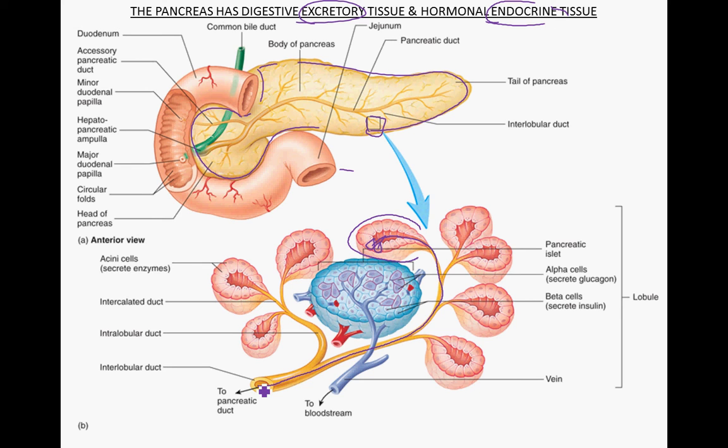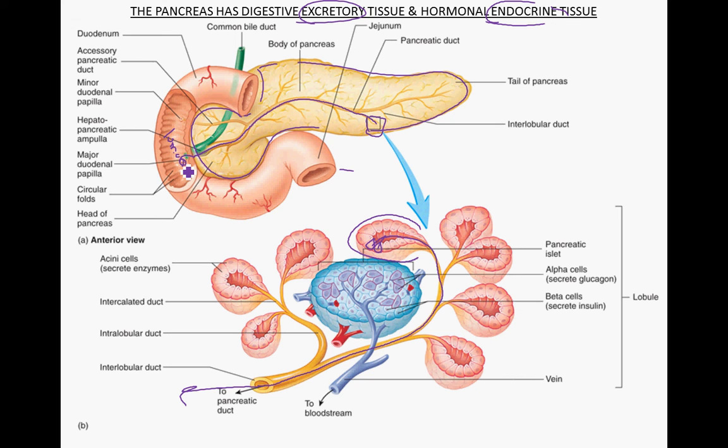That's the name of this. And then this is going to dump into this pancreatic duct, and then that is going to open up into the lumen of the small intestine here, which is open to the outside world. So the excretory secretions are digestive enzymes.